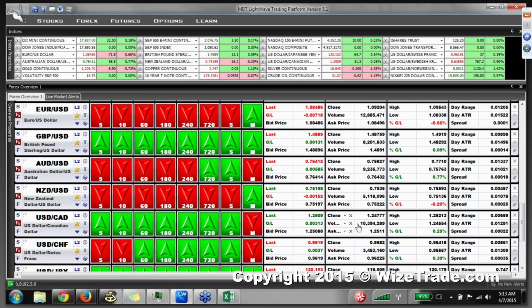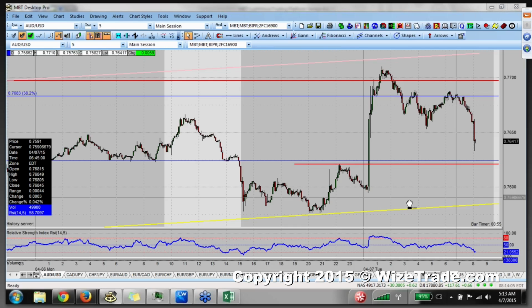I think what I'm probably most surprised about is this Aussie dollar is just giving it all back too. Let's go over to the Aussie really quick here. I mean, look at that.